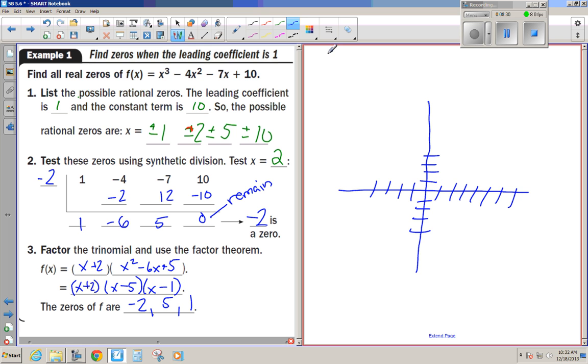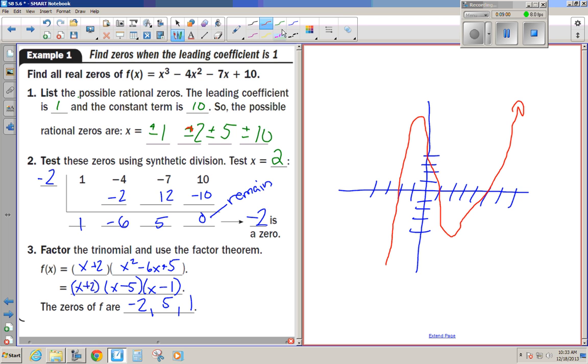If you were to graph this on your calculator and get a rough sketch, you would have something that came up like this. Come back down again like this. Go pretty far down there. And then go back up. All right?